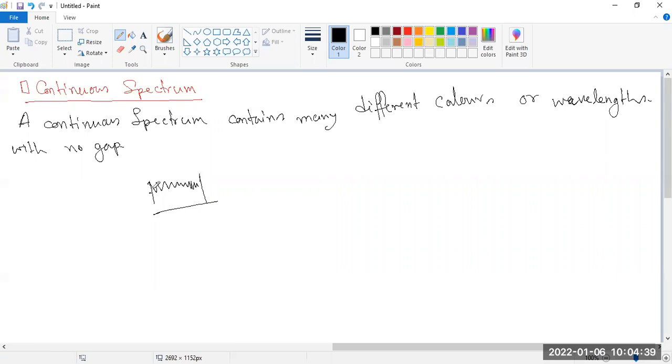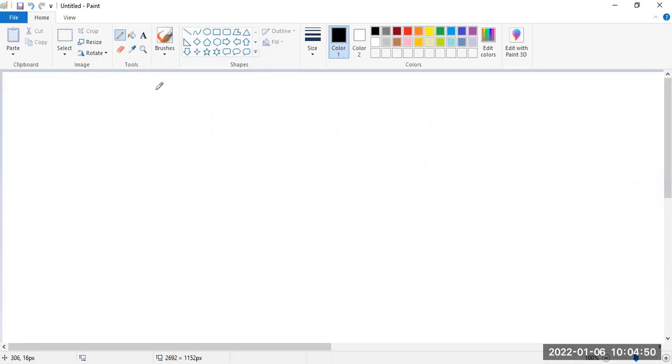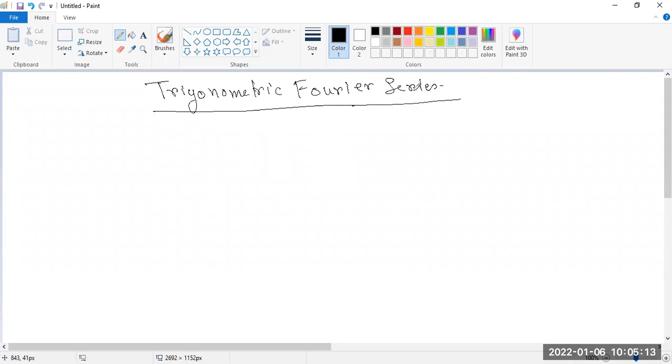Now we are going for the Fourier series, and this is the trigonometric Fourier series we have to discuss. What is the Fourier series?